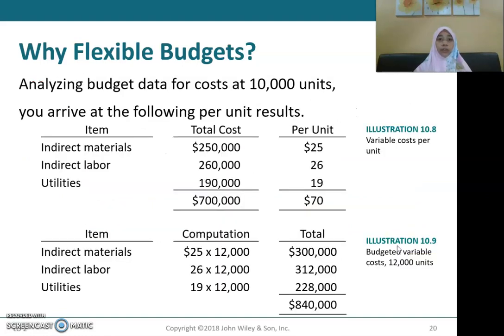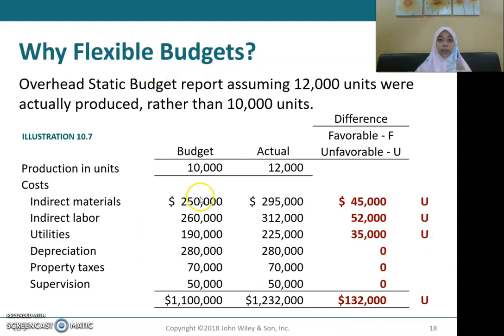So what should you do? Now the flexible budget comes in. Just now we were looking at a static budget. Now we flex the budget, in the sense that we need to compare apples to apples, oranges to oranges. Is it meaningful to compare a budget at 10,000 units with an actual of 12,000?